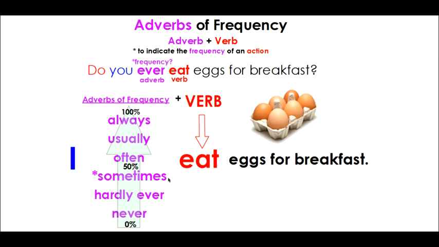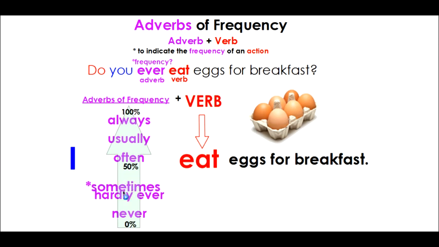The exception to this rule is the adverb sometimes. With the adverb sometimes, we can use it at the beginning of the sentence. For example, sometimes I eat eggs for breakfast. And that's okay.